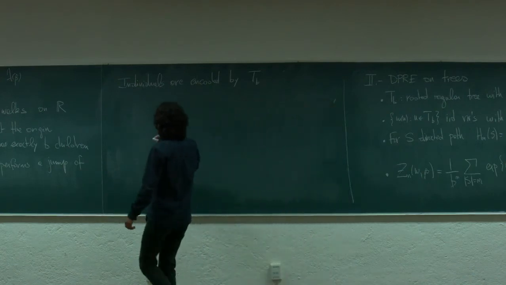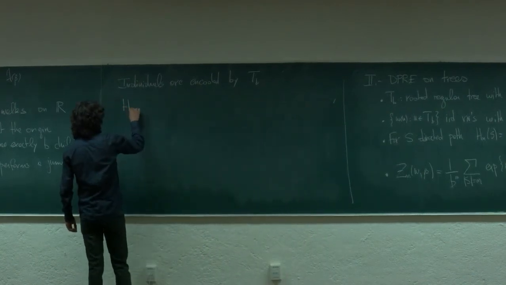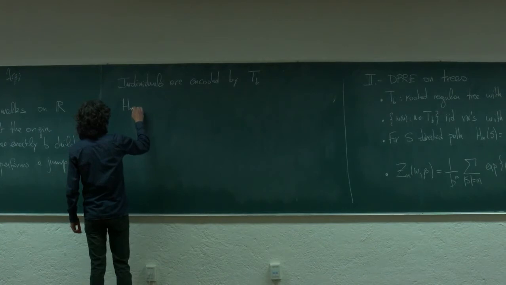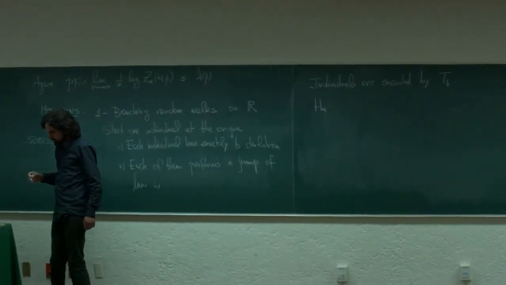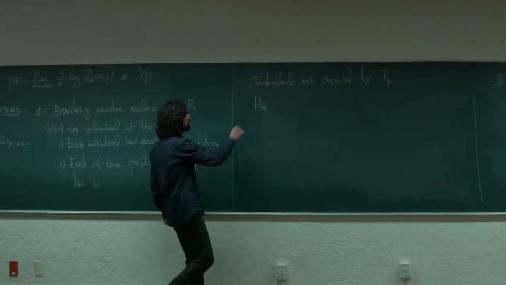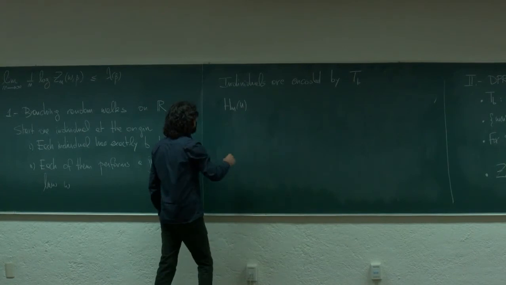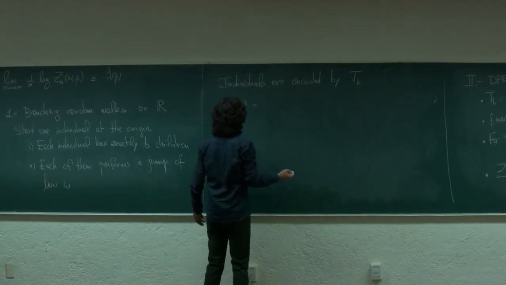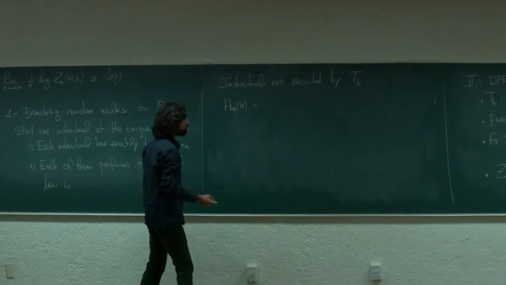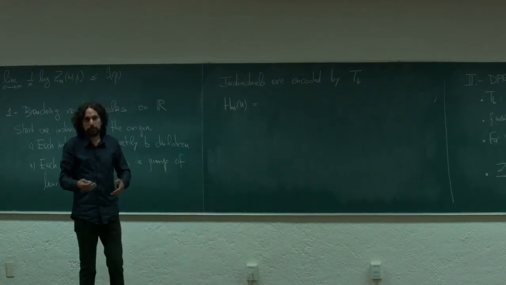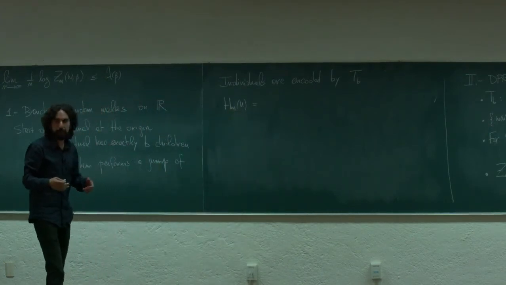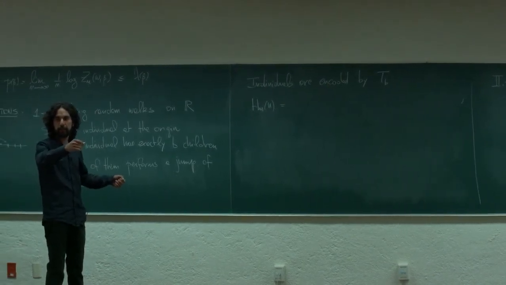So the energy Hn of, let's say, u. I don't know exactly how to write this, but let's say on the tree, you can completely characterize a path by just giving its final point.